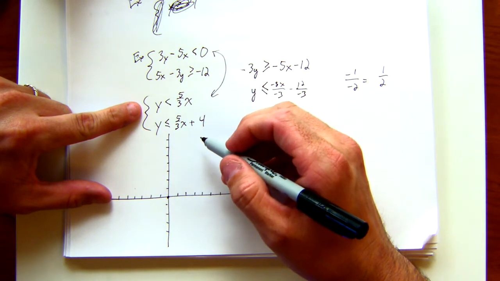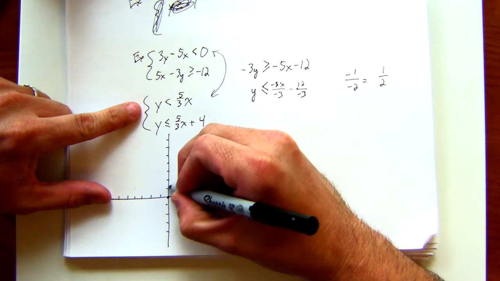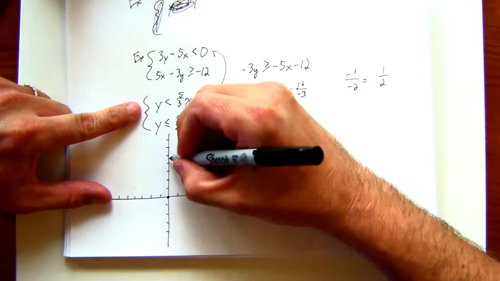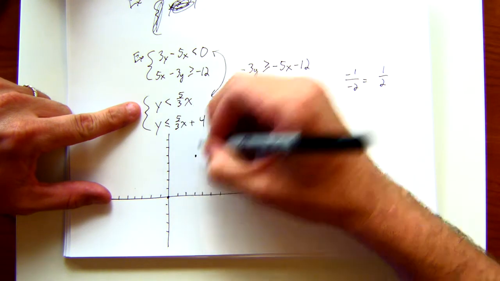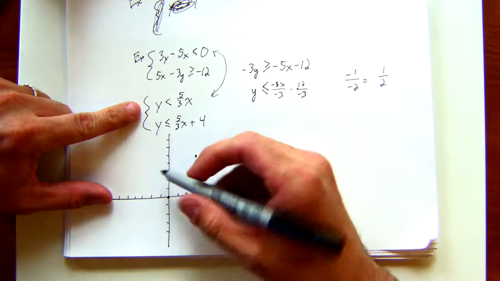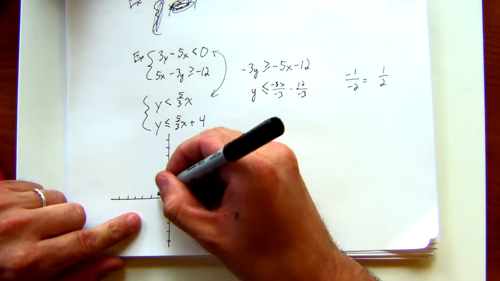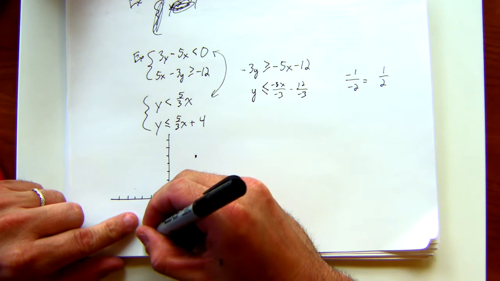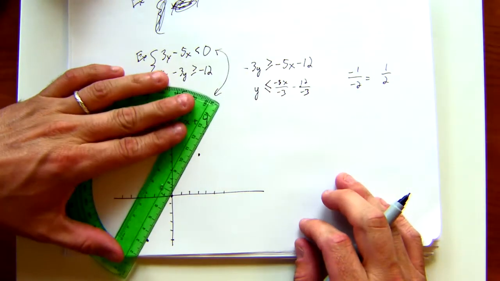And is it going to be dashed or solid? Dashed. So I'll go up 5, over 3. There's the point. Now I can go down 5, and then left 3. There's another point. Dashed line.